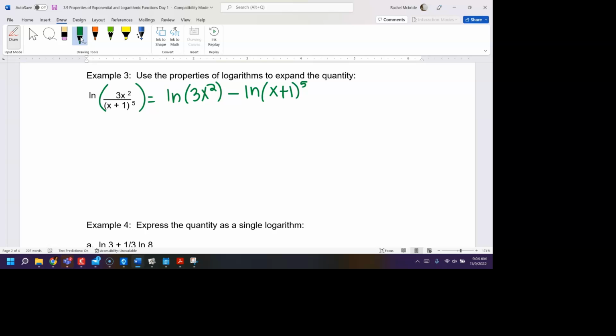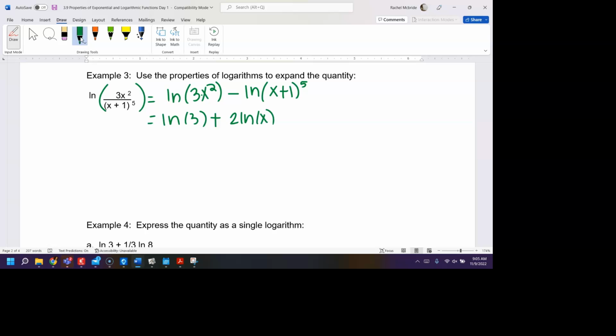But then it's also helpful to recall that if the entire bottom is to a power, that power becomes a coefficient. So we can't do that here because x squared is not part of it, unless I changed this to the natural log of 3 plus 2 natural log of x, which you can do.